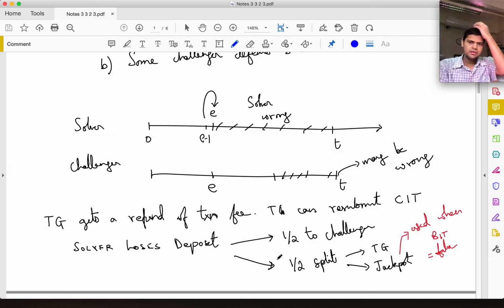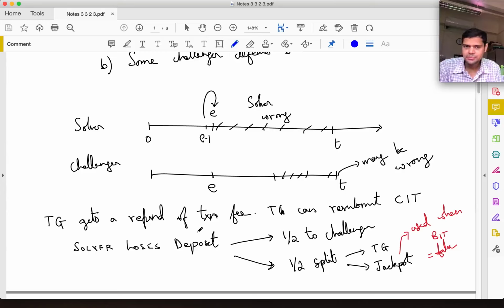So you might think, what if we gave everything to the challenger? What if we didn't put something in the jackpot, for example? The thing is, whatever we do might open up some sort of an attack. Suppose we gave 100% of the solver's deposit to the challenger who won. Then the solver might himself be the challenger.